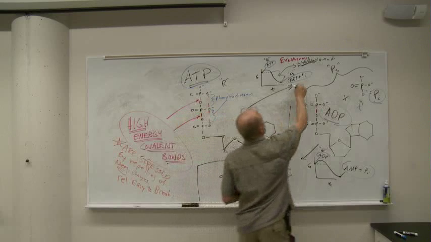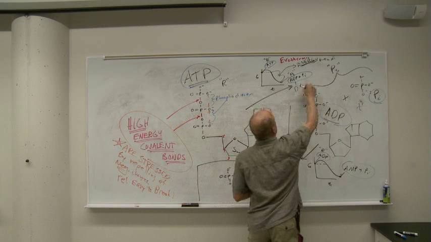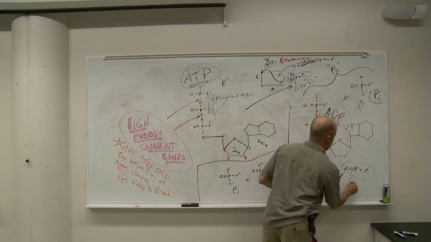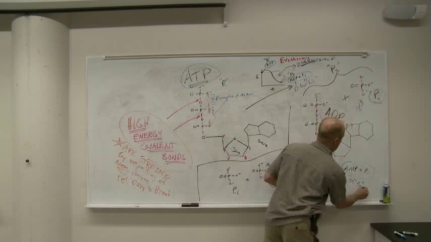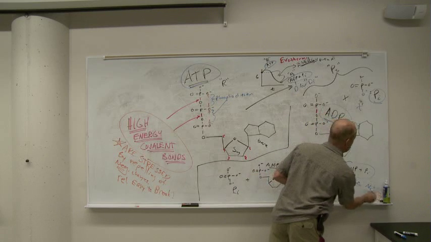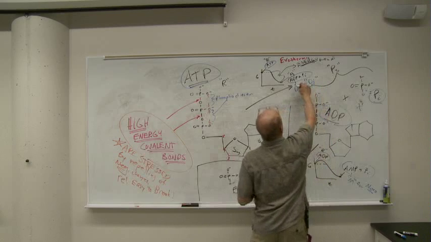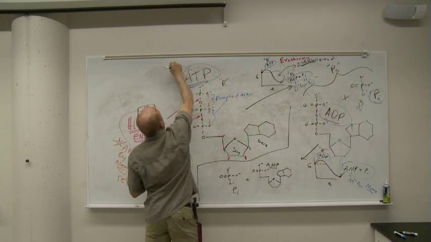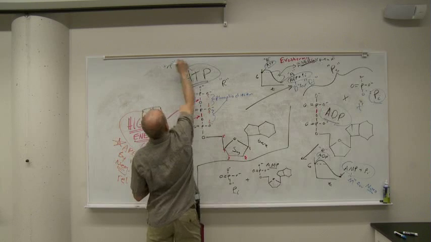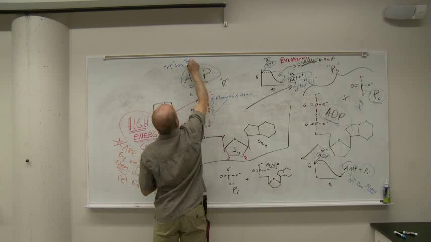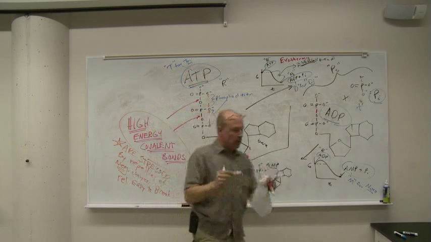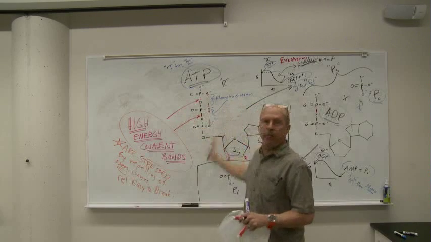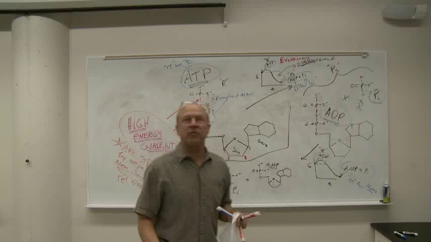So this is D for diphosphate, M for monophosphate, and then finally T for triphosphate.